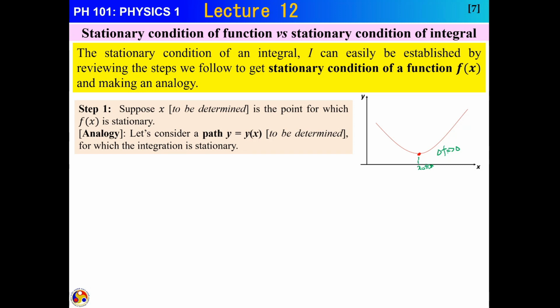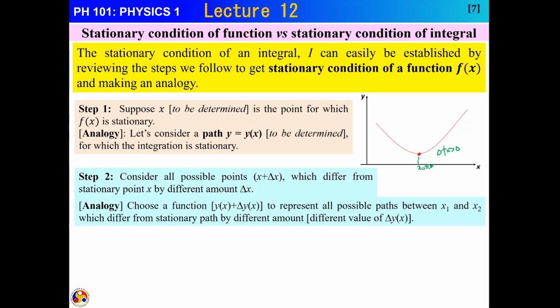Now, the second step is that we keep on adding all possible points by taking delta x to a given point, which differ from the stationary point.